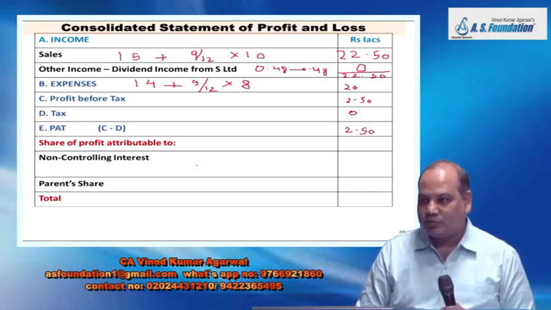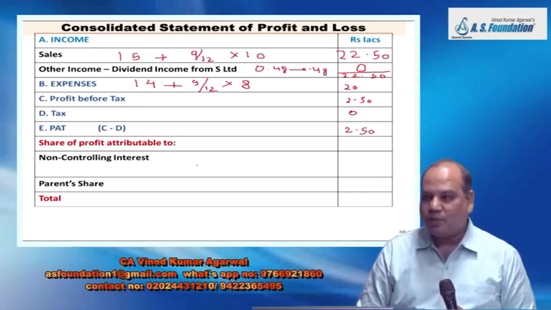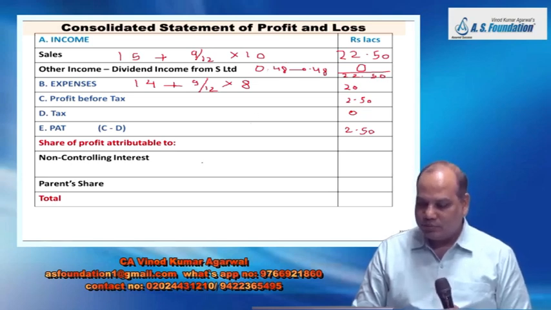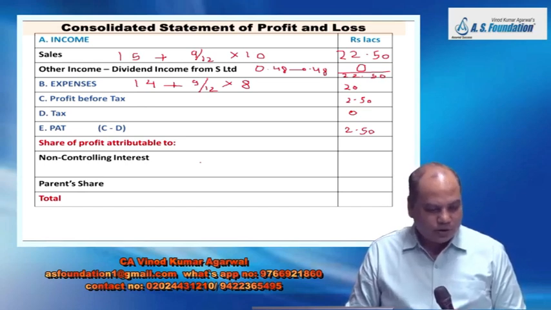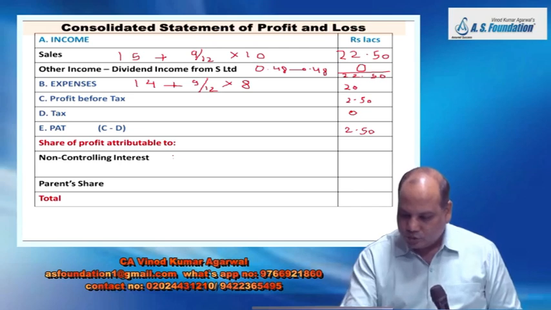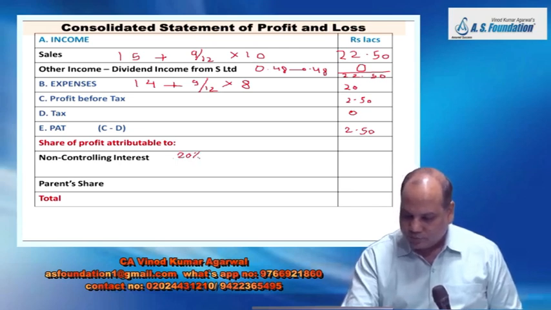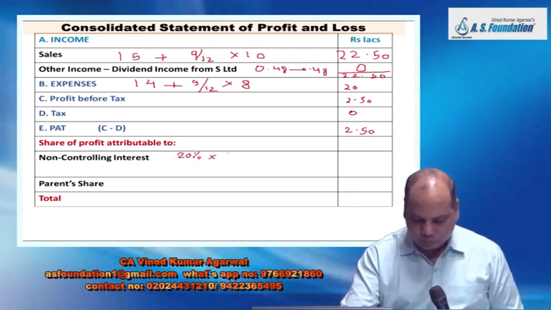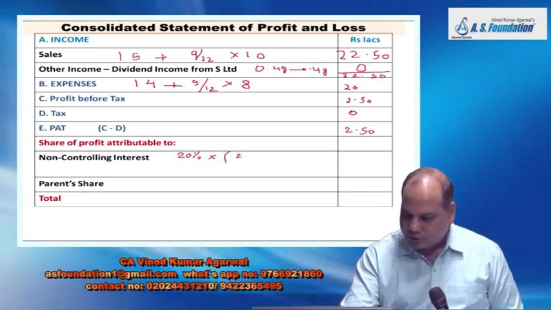Is it 2? In the question only 2 is appearing. Current year profit. And then you see here, is there any adjustment in the profit of subsidiary which I need to either plus or minus? No. So done. What is parent share in this company's stake? 20%.